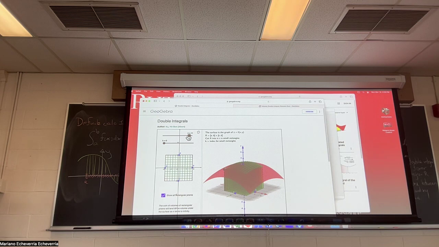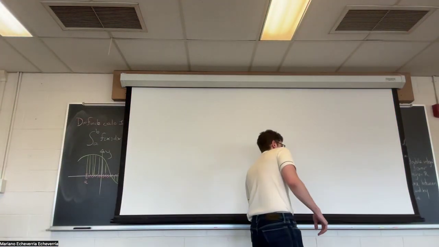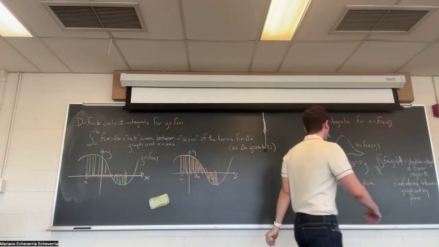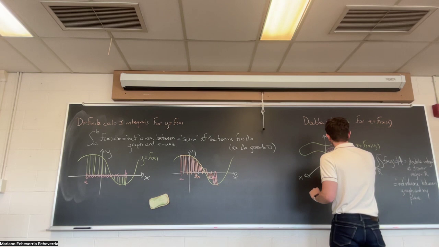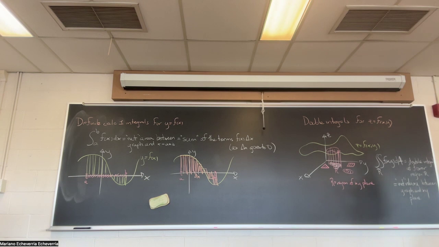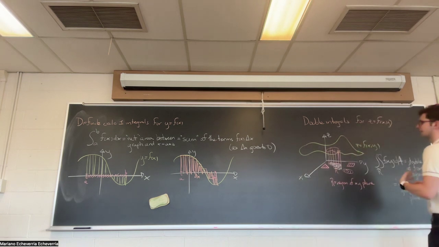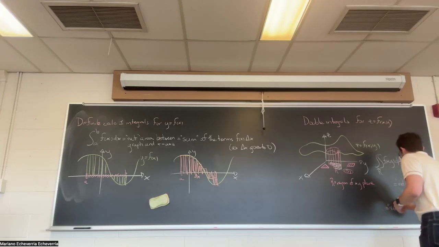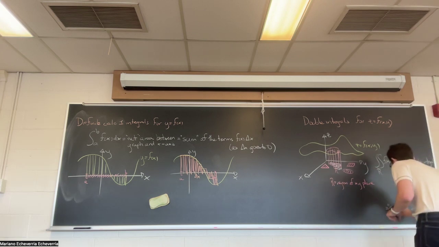What I'm trying to say is that if you break the region into pieces, let's say each piece has some area delta A, then this is some sort of sum of the terms of x, y.